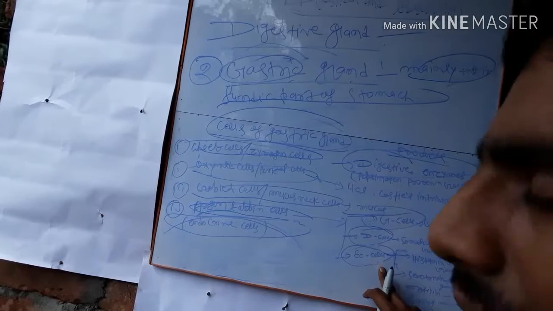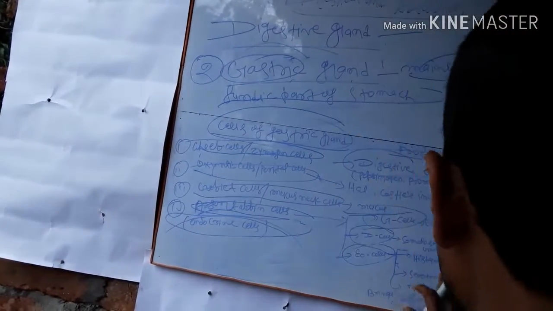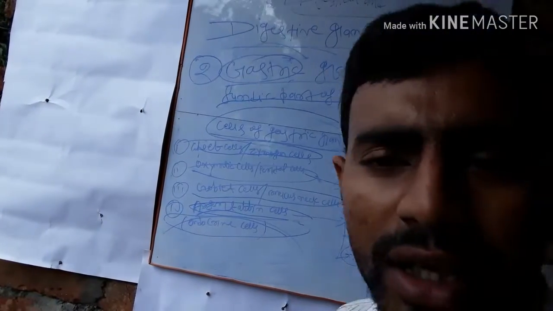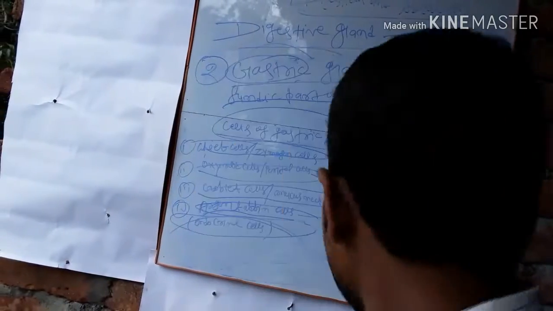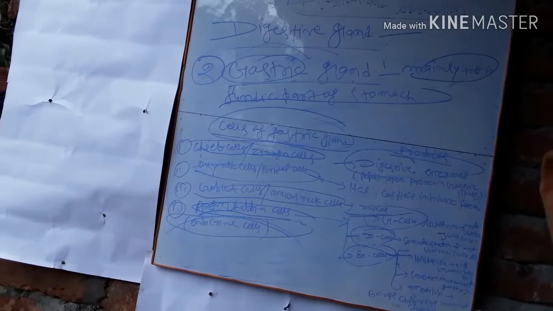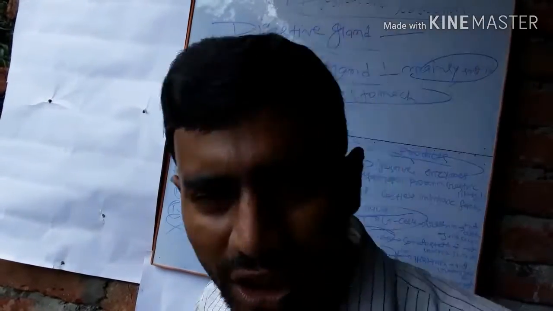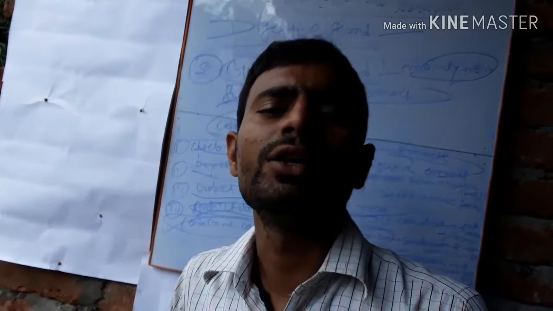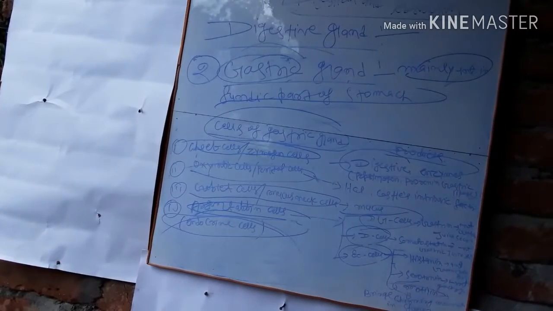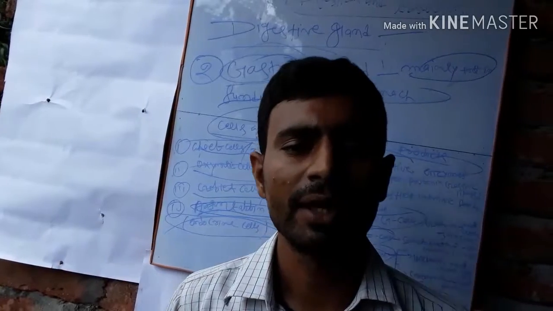Enterochromaffin cells produce histamine, serotonin and motilin. Histamine promotes gastric juice secretion, serotonin inhibits gastric juice secretion, and motilin brings churning movement in the stomach.